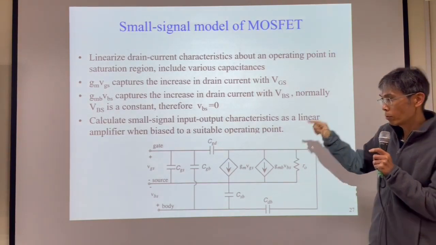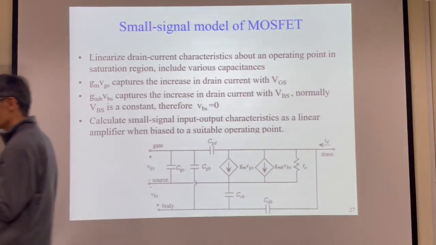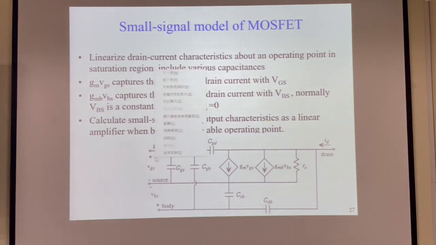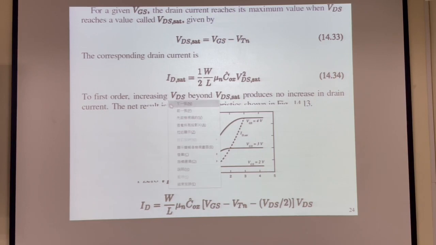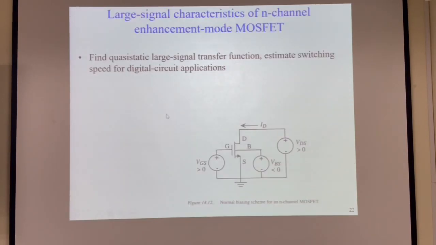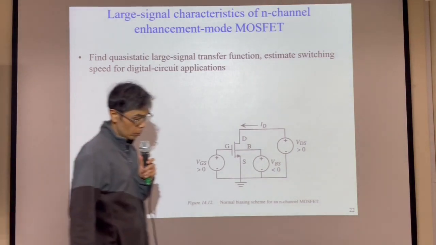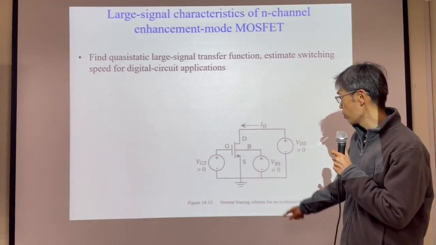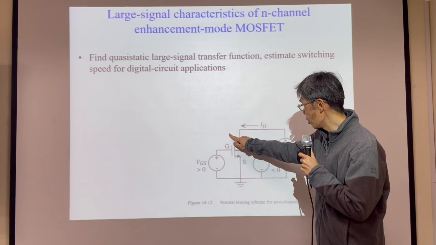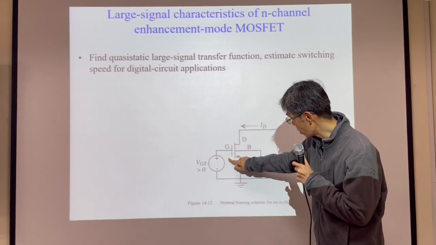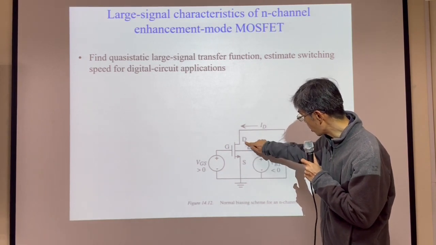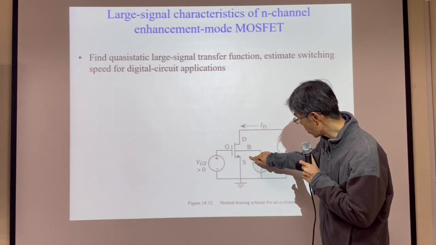So when you draw the circuit model, you can draw a capacitance here, and here, and here, and here.